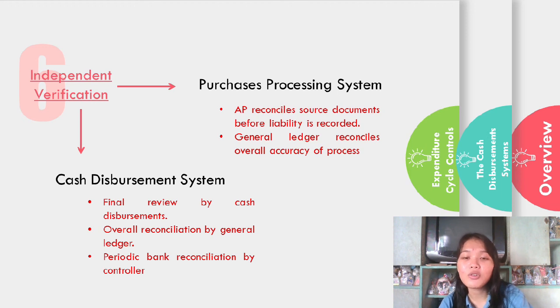This is the same with the total reductions in AP equaling the total disbursements of cash processed by the cash disbursement system. Also, periodic bank reconciliation must be done by the controller in order for the firm to verify transactions recorded by the firm but remaining unrecorded by the bank and vice versa.